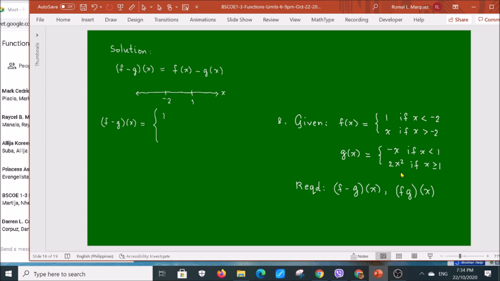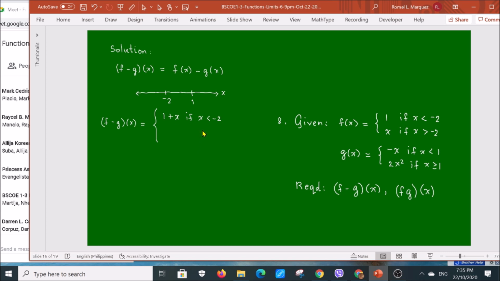But g of x is defined as what? Negative x, because less than negative 2 is covered in less than 1. So 1 minus negative x, so it is now 1 plus x, if x is less than negative 2.